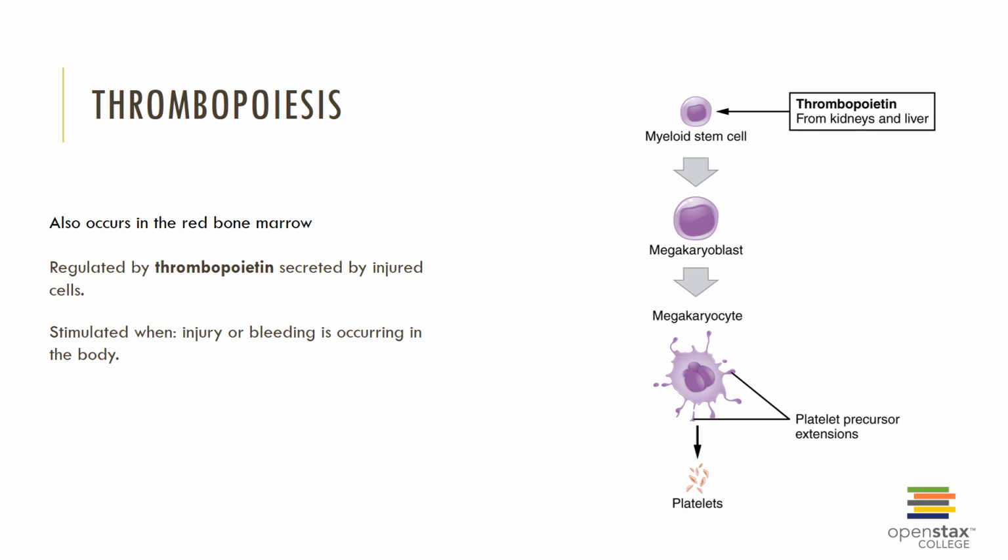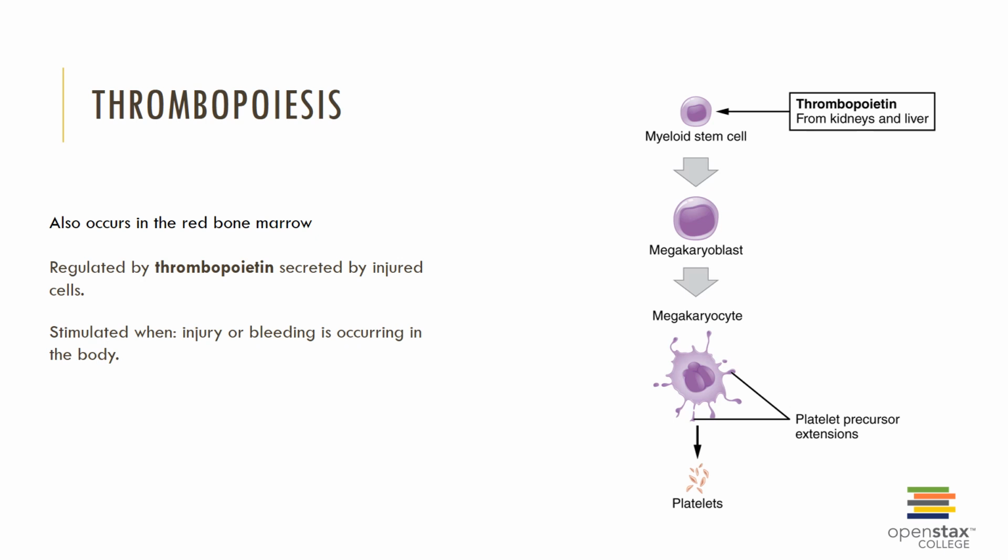Production of platelets or thrombocytes is shown here. This also occurs in the red bone marrow, but is initiated by thrombopoietin rather than EPO or cytokines. Again, we start with hemocytoblasts, which differentiate into myeloid and lymphoid stem cells. Myeloid stem cells further divide to become megakaryoblasts, which mature to form megakaryocytes.